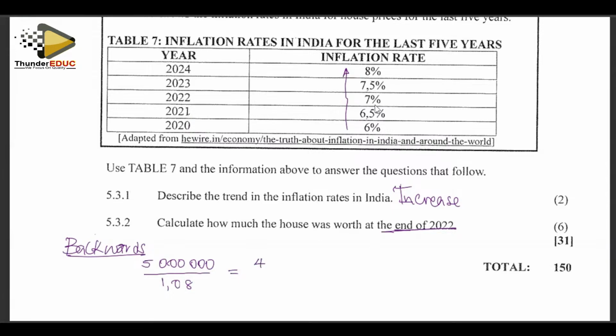Becomes 4, 6, 2, 9, 6, 2, 9,63. This was 2024. Now just 23. Again, it has to reduce by this percentage here, which is 1,075. When you reduce it by 1,075, the answer you get will be for 2021.